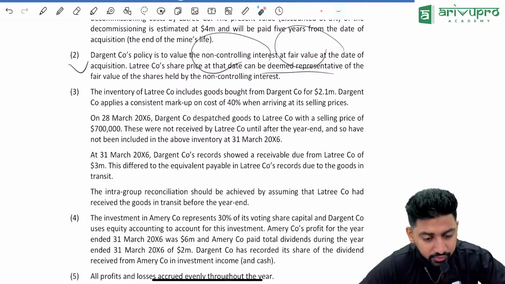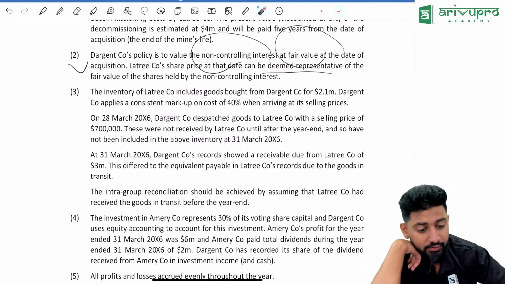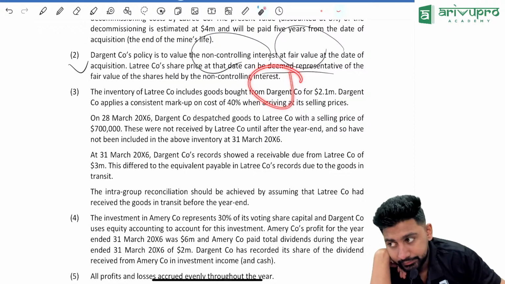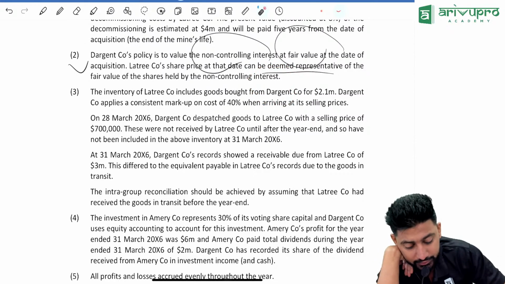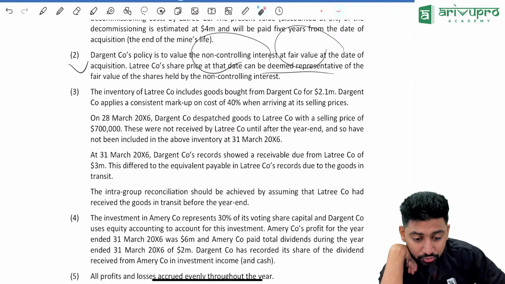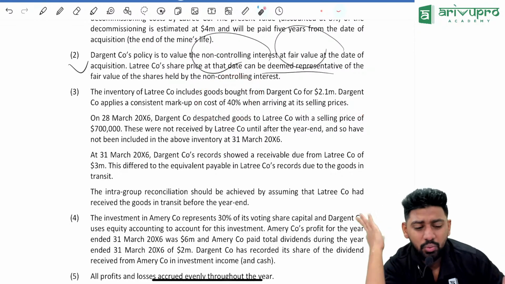The inventory of the subsidiary includes goods bought from the parent for 2.1 million. The parent applies a consistent markup on cost of 40% when arriving at its selling price. What is that?